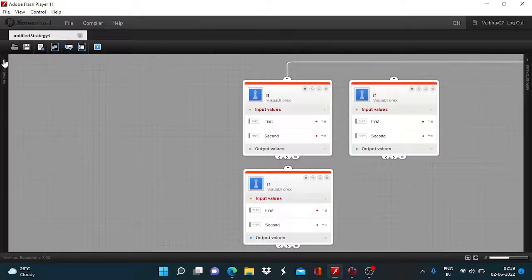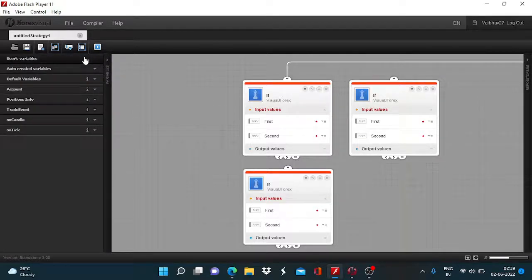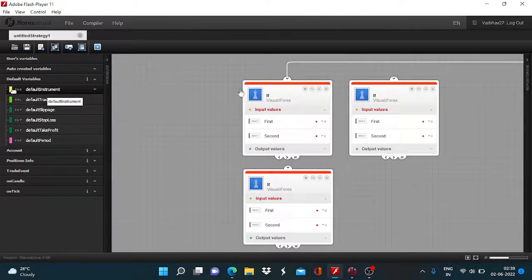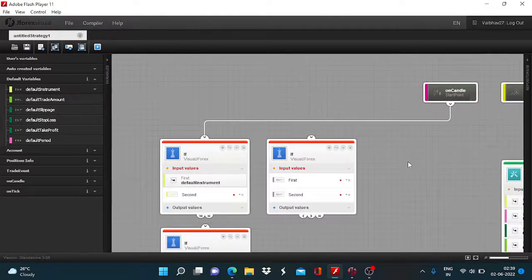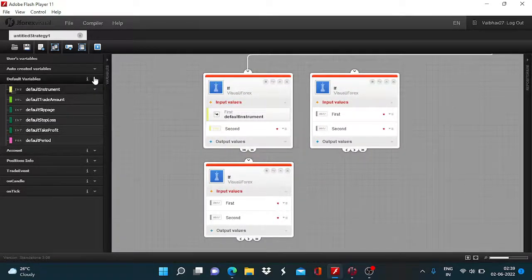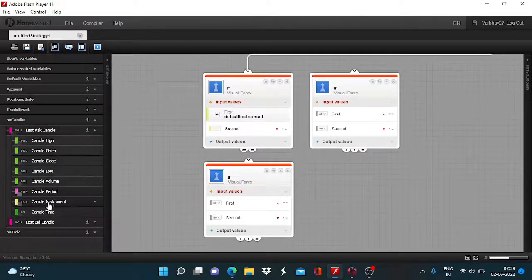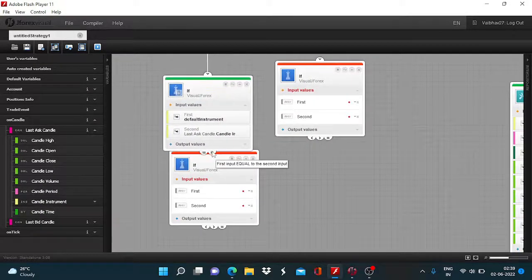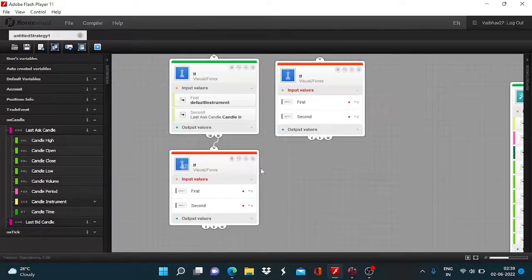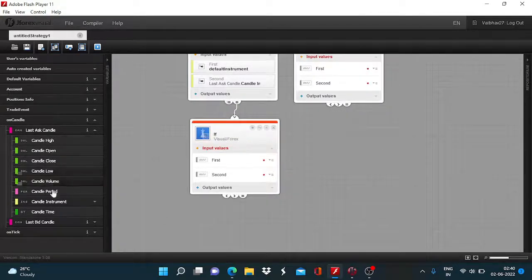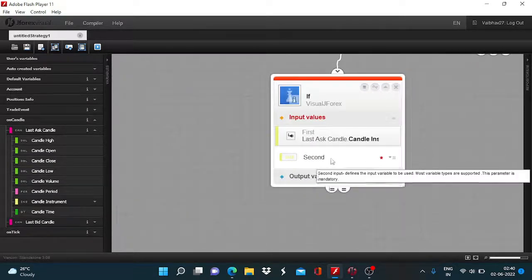Now coming to default variables, I will take default instrument and match it with the candle instrument, as we are using on candle as the start point. Candle instrument in turn will be matched with the instrument of choice, which is Euro USD.